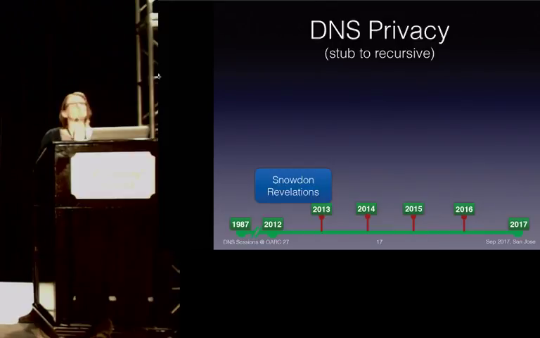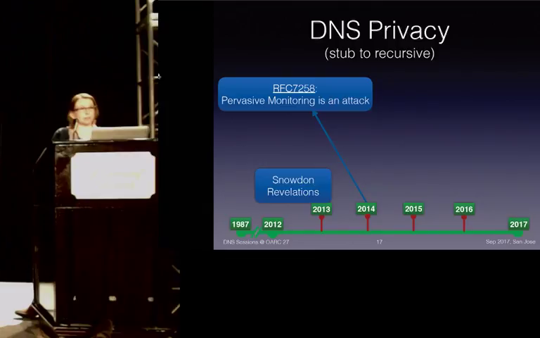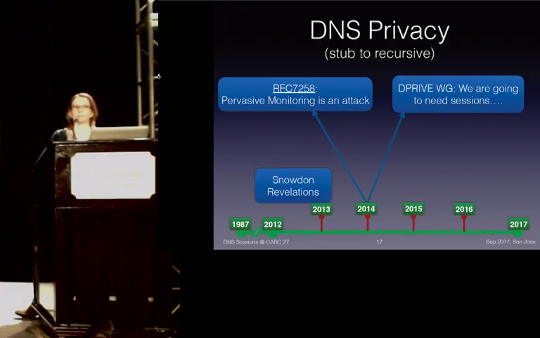So one of the main drivers is DNS privacy, something very close to my heart. In 2013, there were Snowden revelations about surveillance. In 2014, the IETF declared that pervasive monitoring is an attack and should be mitigated through protocol design. The DPRIVE working group was set up, and there was a recognition that persistent sessions of some form would be a solution to that.